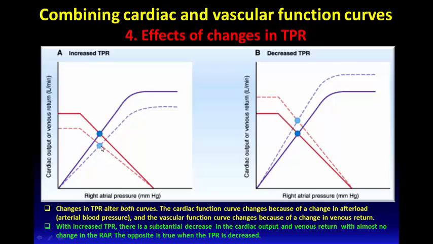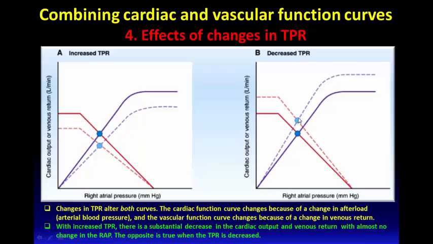The opposite is true when the total peripheral resistance is decreased. Thus, when the total peripheral resistance is decreased, the cardiac function curve is shifted up. This shifting is counterclockwise, and the venous return curve is also shifted up without a change in the mean circulatory pressure.